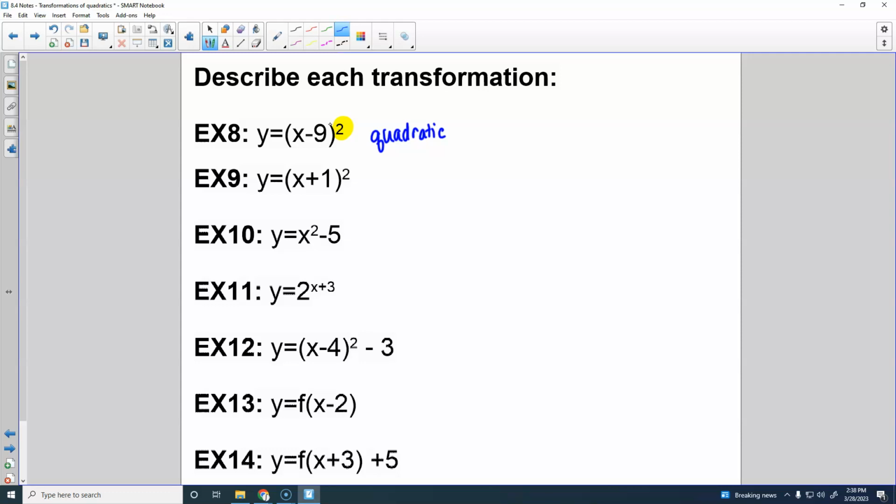This time my 9 is on the inside of the parentheses, not the outside. So I'm going to have this quadratic move to the right 9 units. Is it still a quadratic? Yes, so quadratic.